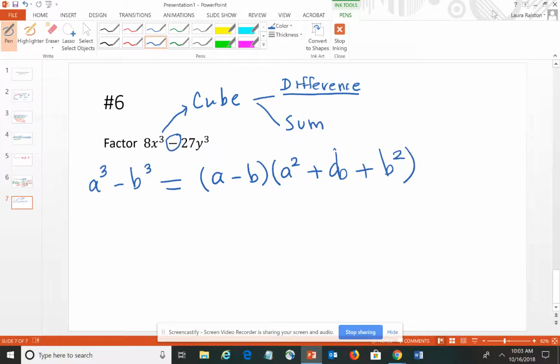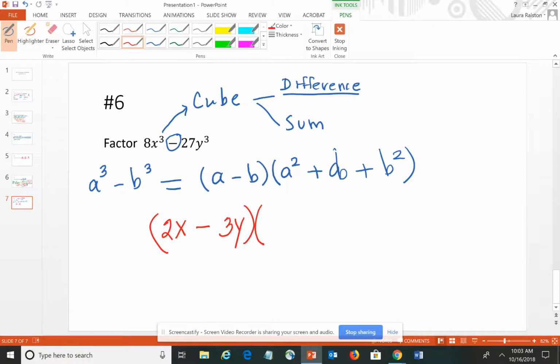So we have to stop and think for a few minutes and think, okay, what did we cube to get 8? It's 2. What did we cube to get x cubed? It was an x. What did we cube to get 27? It's a 3. What did we cube to get y cubed? It was a y, and we have a minus sign between them.